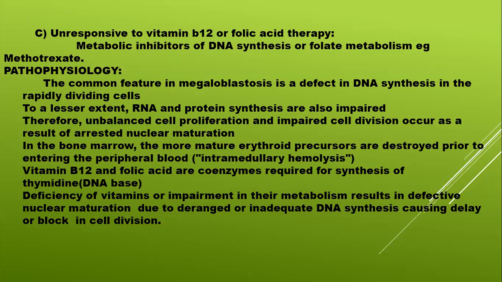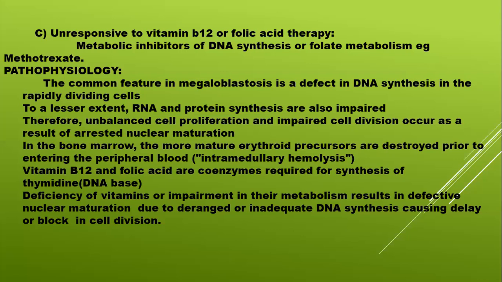Pathophysiology: the common feature in megaloblastosis is a defect in DNA synthesis in rapidly dividing cells. To a lesser extent, RNA and protein synthesis are also impaired. Therefore, unbalanced cell proliferation and impaired cell division occur as a result of arrested nuclear maturation. In bone marrow, more mature erythroid precursors are destroyed prior to entering the peripheral blood.